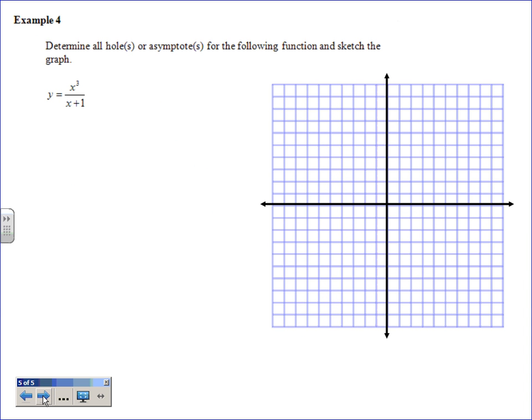Why don't you figure out the asymptotes for me? Take a second to do that.